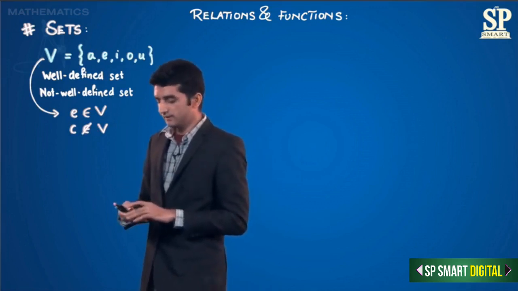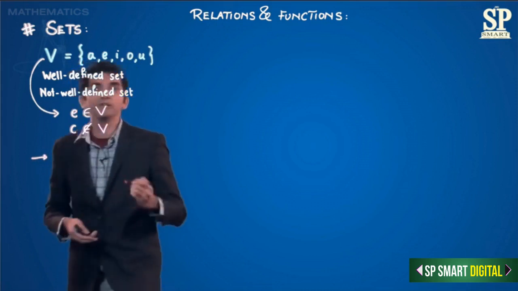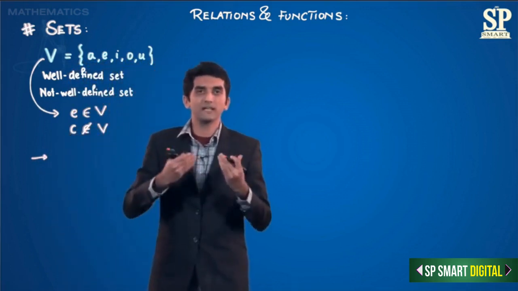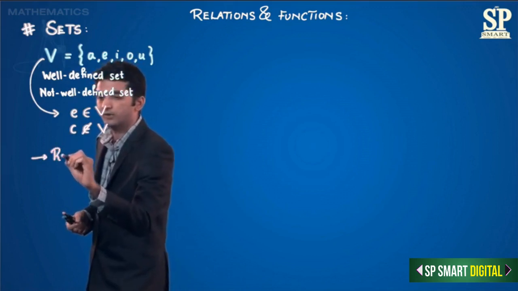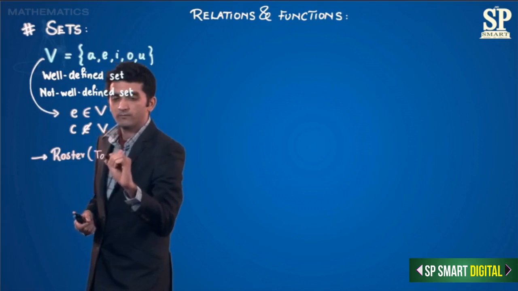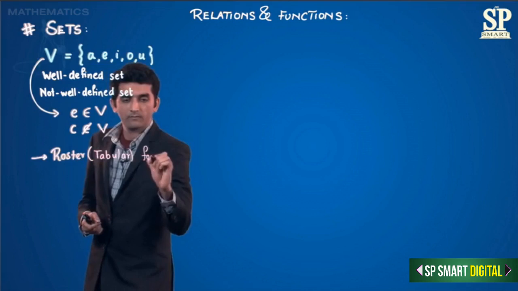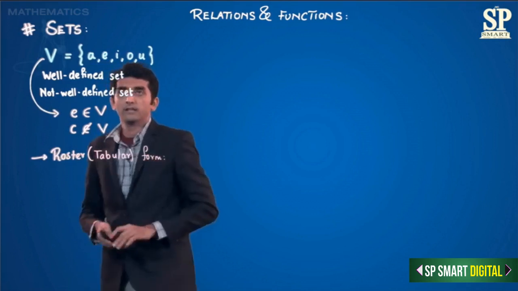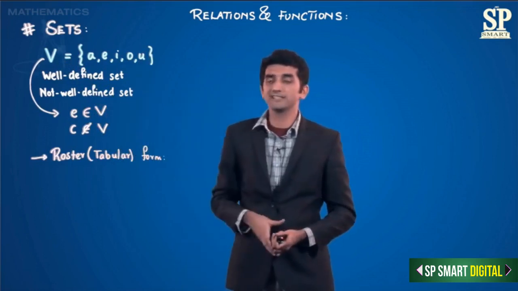Now after this, let's move on to the next thing that we need to learn, the different forms in which we can represent sets. The first one is the roster form, or as we call it, the tabular form. This is the very way in which we wrote the very first set over here.